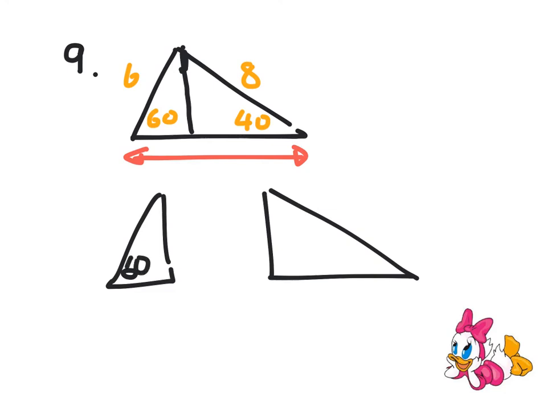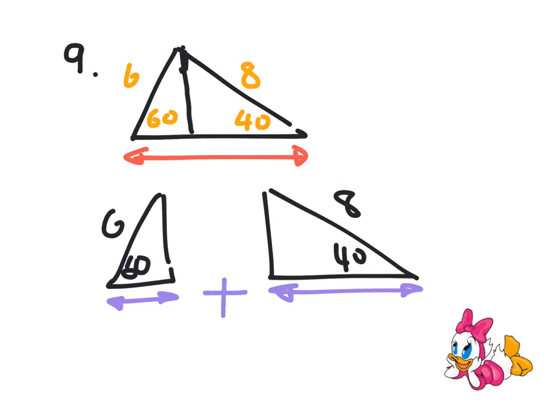This is 60, this is 6, this is 40, this is 8. If we do SOHCAHTOA and work out that side there, and then we repeat SOHCAHTOA again and work out that side there, then if we add these two answers together, then that's going to tell us what the red line is. So question 9 might look a wee bit difficult, but it's actually just SOHCAHTOA twice.